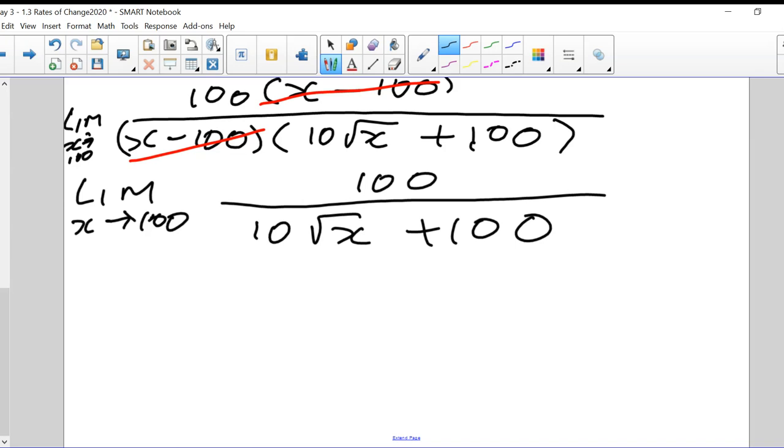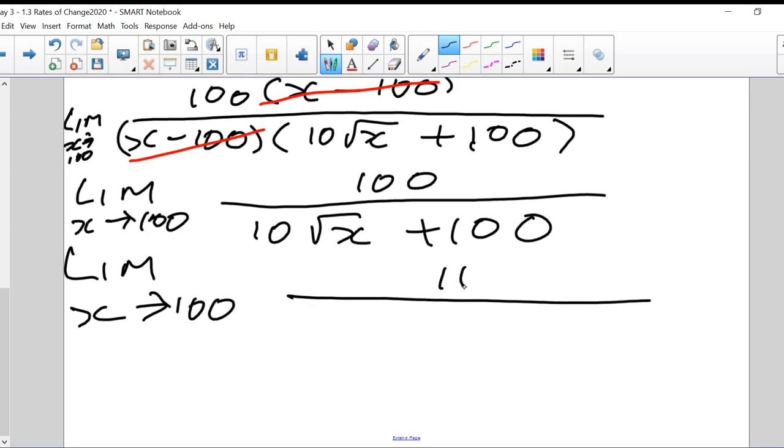But let's just go ahead now, because we can put 100 into this, right? That's not going to cause a problem. So let's find now the limit as x approaches 100 for 100 over, we're just going to plug in the 100 into that, 10 square root 100 plus 100.